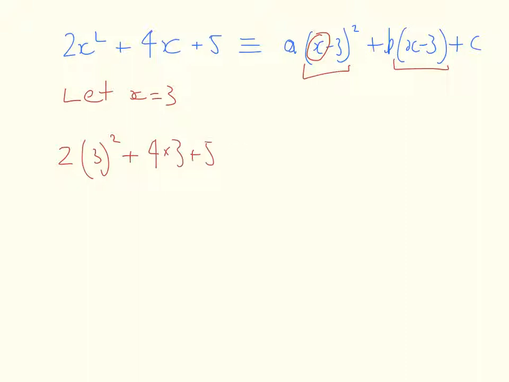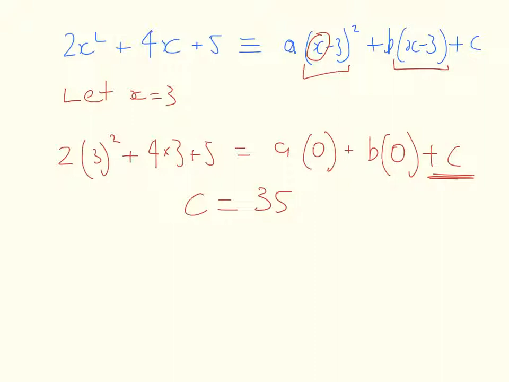That's all just a number. And that's equal to a(3 − 3)², which is 0, plus b(0), also 0, plus c. So we see here we're going to find our answer for c. It's just going to be all that. So c equals 2 times 3², well that's 18, plus 12 plus 5, which is 35.